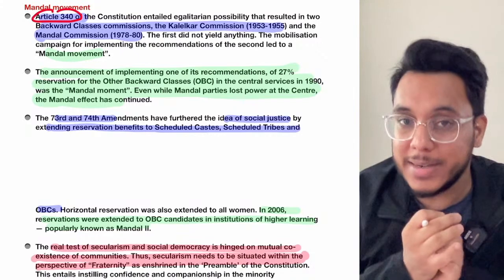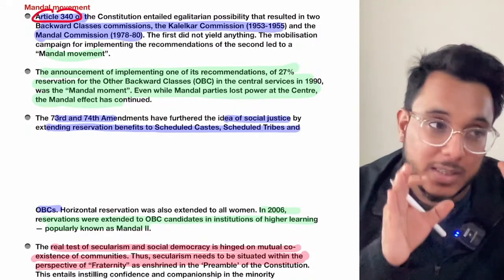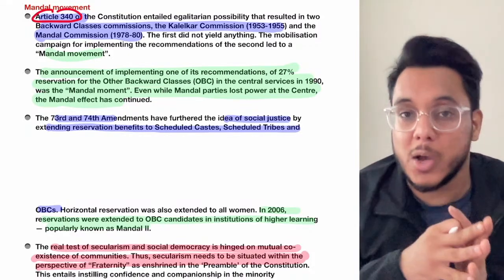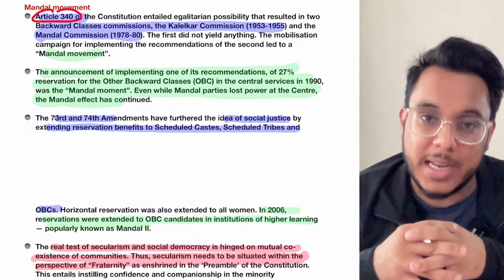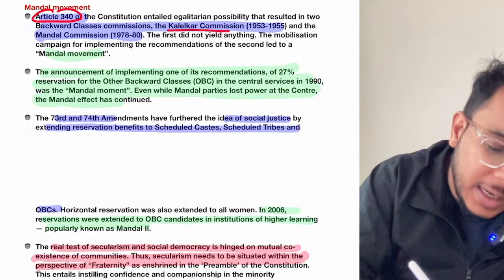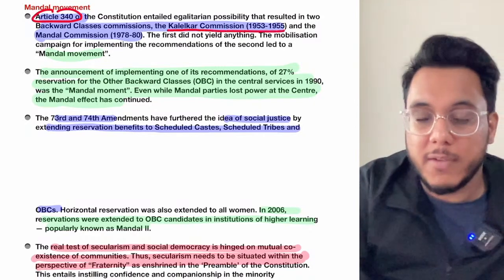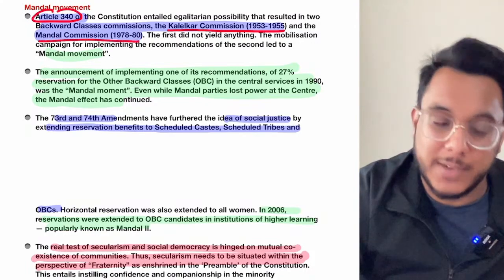Article 340 provided that the government needs to constitute commissions and carry out a systematic study of the backwardness of the people. By the mandate of Article 340, the first Backward Classes Commission, the Kalelkar Commission, was constituted in 1953-55, and the second was the Mandal Commission, constituted in 1979.